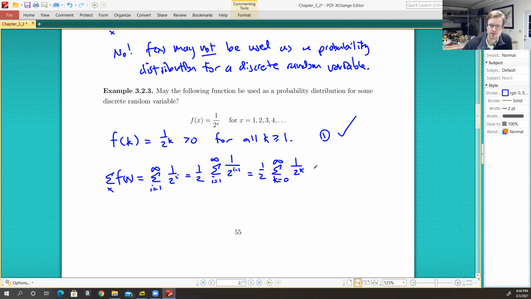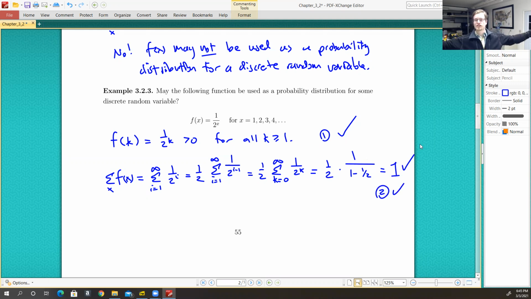I can use the formula for the sum of a geometric series, so I have 1/2 times 1 over 1 minus 1/2. Of course, 1 minus 1/2 is 1/2. 1 divided by 1/2 is 2. 1/2 of 2 is 1. Bam. So the second condition is satisfied. Excellent. So with an infinite sum, we still end up with a finite value, and that finite value is exactly 1.